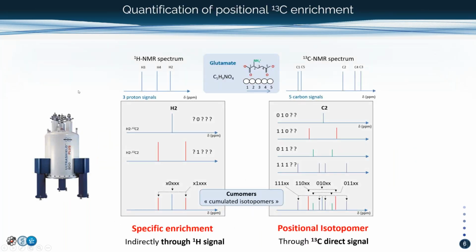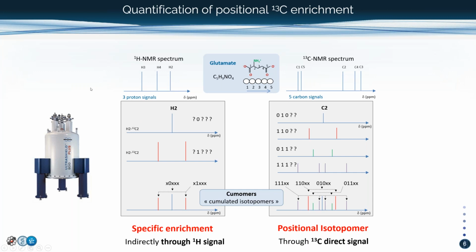Okay, so how can we measure labeling with NMR? Here on the top we have really simplified spectra from glutamate. At the left we have a proton spectrum, which is simplified, and we can get the different positions of protons.